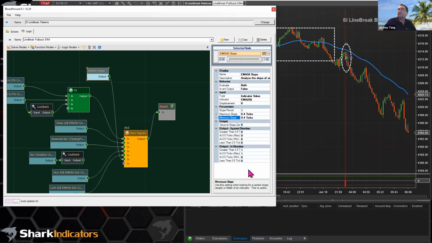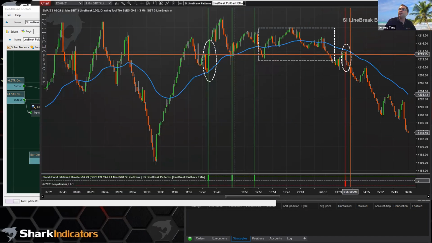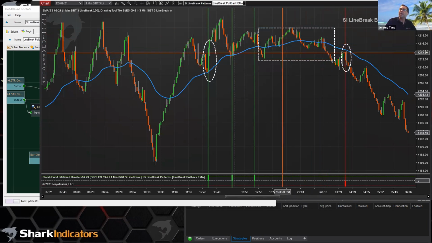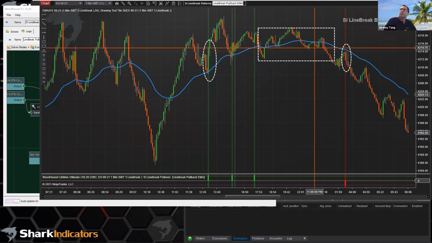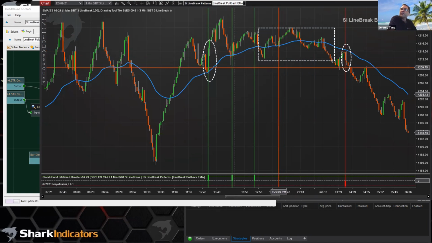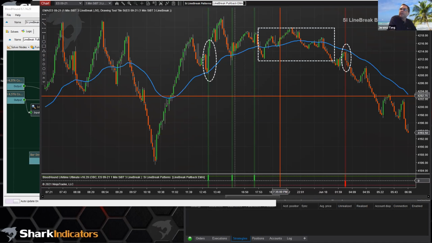There we go. So I lowered the slope requirement just by a fraction of a tick. And now I have this good signal back there. And these other ones here, where the market's beginning to consolidate, had disappeared. So there's one example.